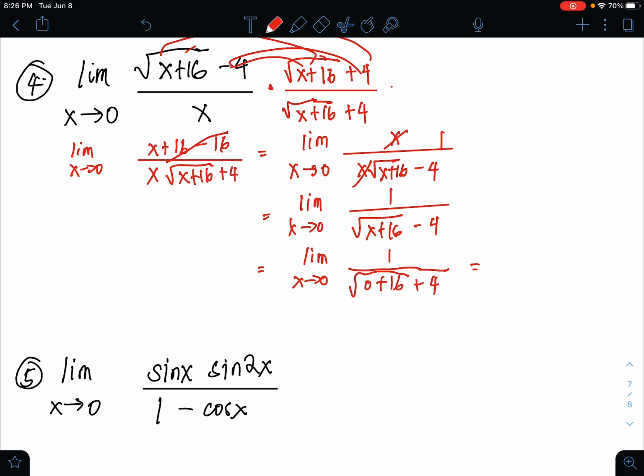Pasensya, live tayo. So, 1 over the square root of 0 plus 16 plus 4. The square root of 16 is 4. So, 4 plus 4 is positive 8. Our final answer is 1 over 8.